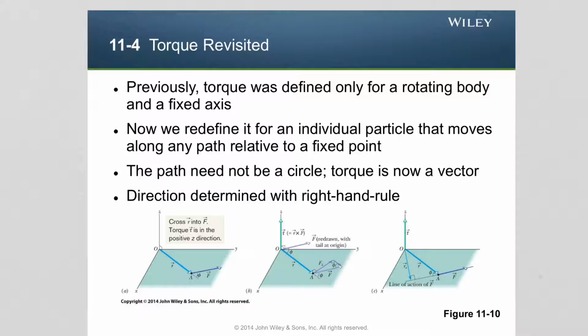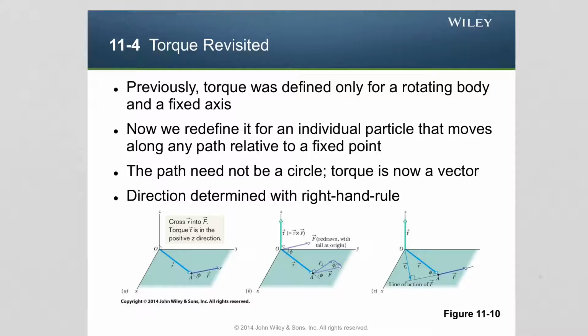Now let's look at torque for an individual particle that can move along any path but relative to a fixed point. Furthermore, the path doesn't have to be a circle. It can be a random trajectory in space.